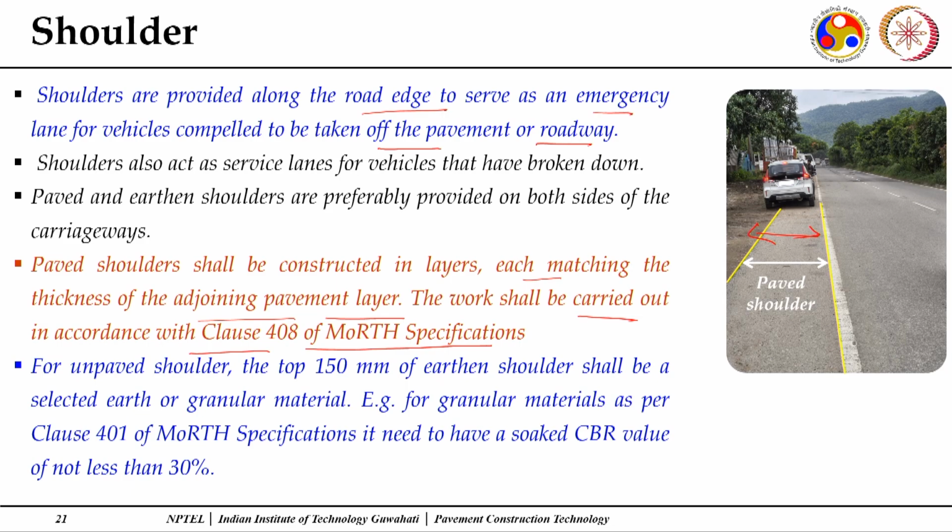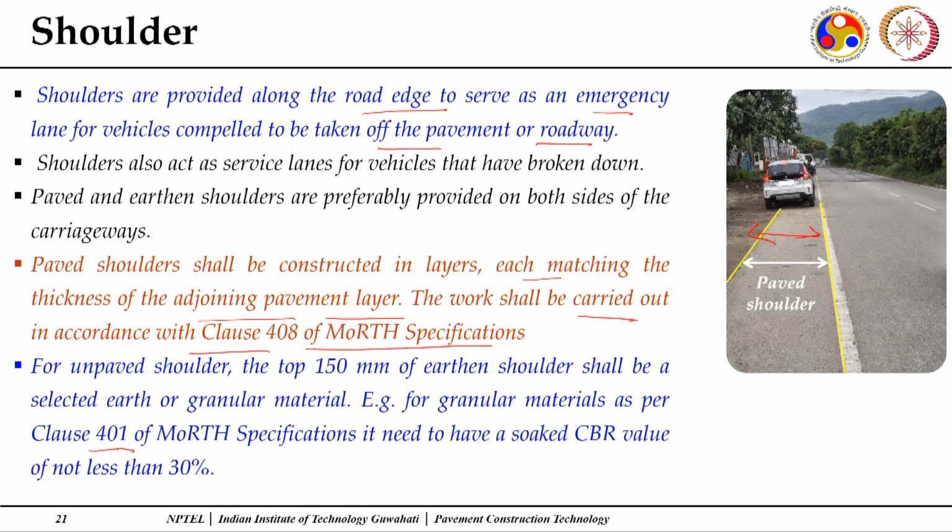When it comes to paved shoulders and earthen shoulders, if earthen shoulders are constructed with soil, or with granular materials, then it should follow clause 401 of the MORTH specifications, and the material should meet certain strength requirements. For granular materials as per clause 401, it needs to have a soaked CBR value of not less than 30%.